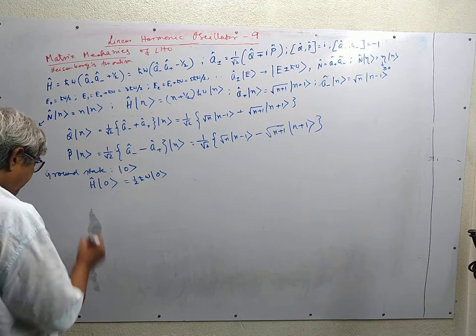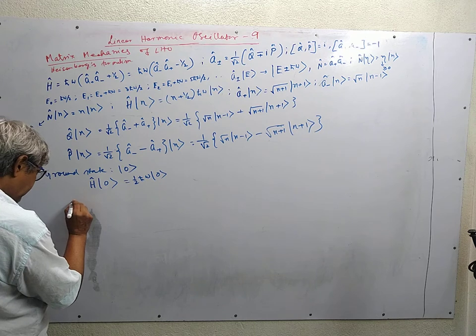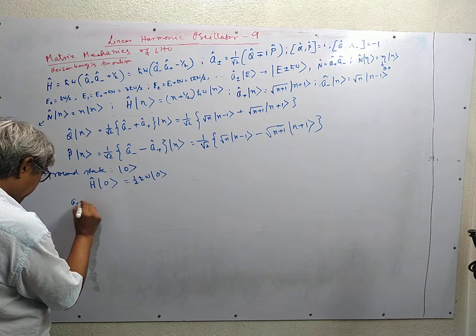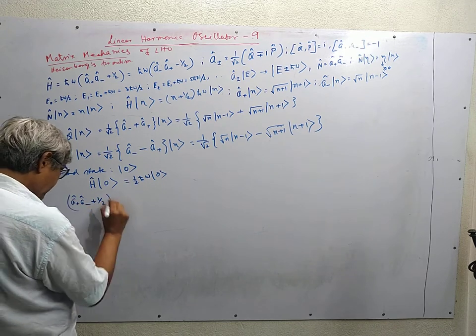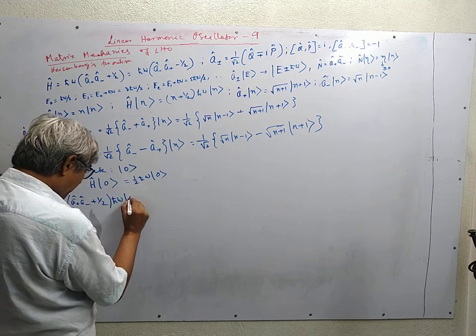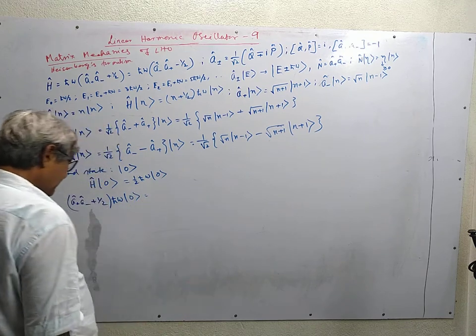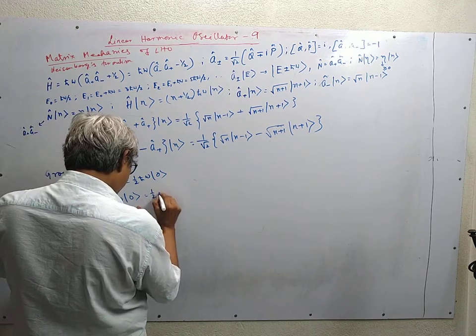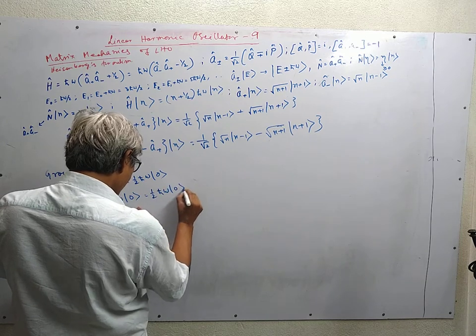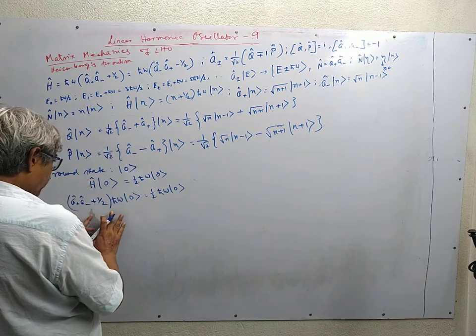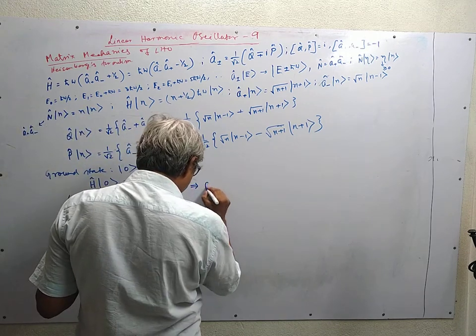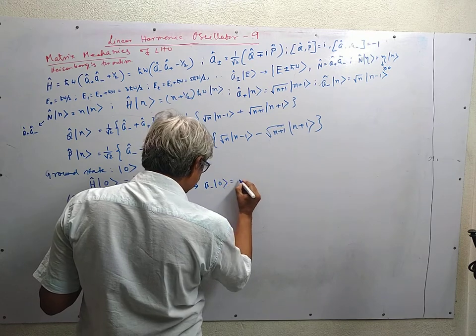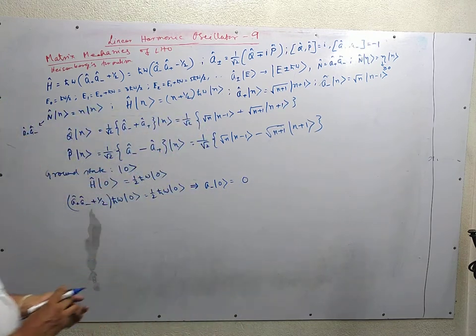Now if we write the Hamiltonian in the form a plus a minus plus half h cross omega operating on 0 gives this. So here we find that the definition of ground state is that A minus operating on it gives a null ket, as we have obtained earlier.